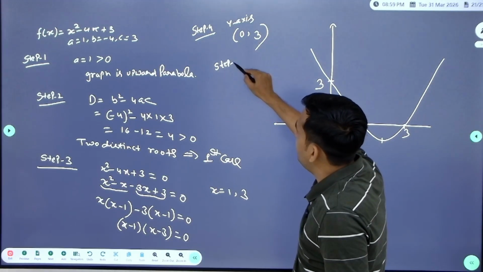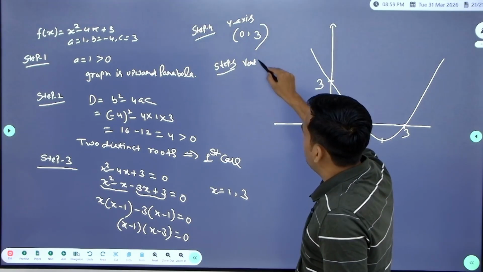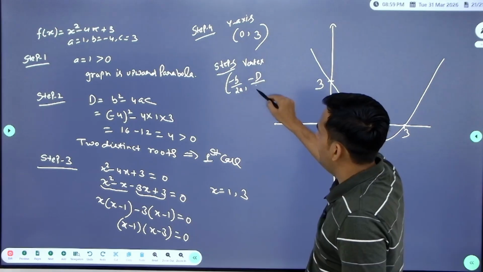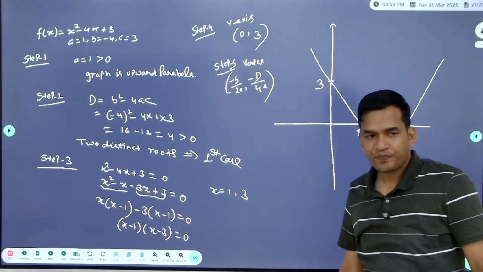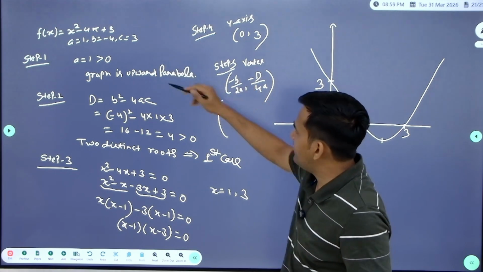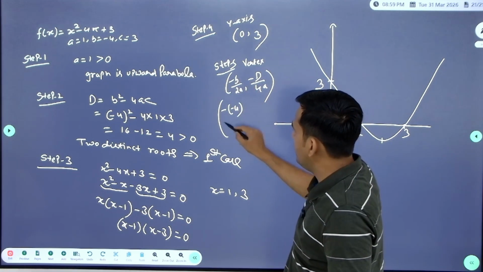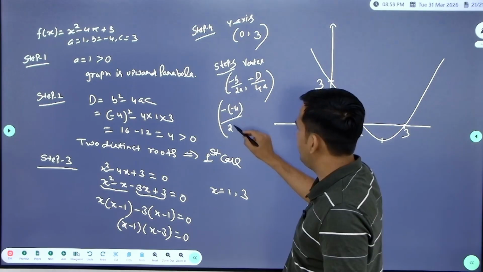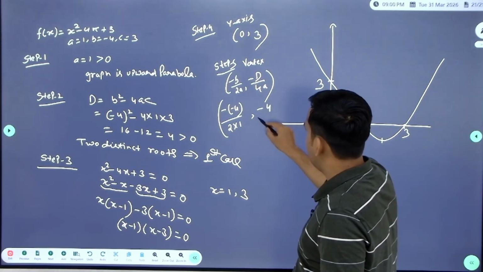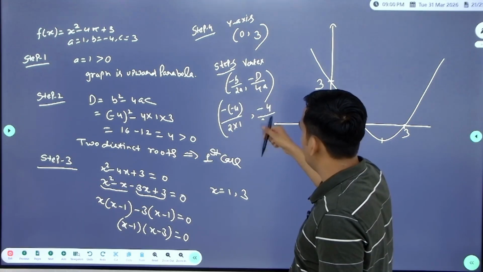Step 5. Vertex is, this you have to remember, minus b by 2a comma minus d by 4a. Minus, minus is already here. B is minus 4. So minus of minus 4 upon 2 into A, which is 1, sorry. Comma minus D, minus 4 upon 4 into 1.